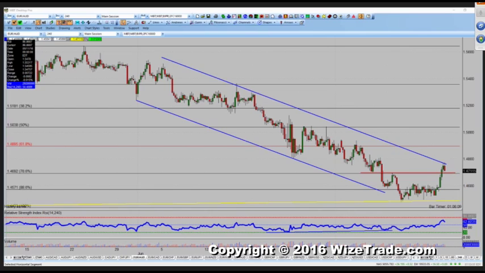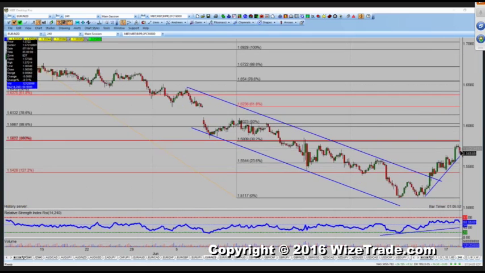I think I'm going to have to buy a little bit of Euro Aussie too. I just got small positions on, really small right now, because obviously in the Euro Aussie I want to add on a breakout above here. Euro New Zealand, same type of thing. I'd rather just buy a little bit here, and if we can clear the 38% retracement, then I'll buy more. So I bought a little bit of Euro Aussie and Euro New Zealand again. Don't mind owning those down here.